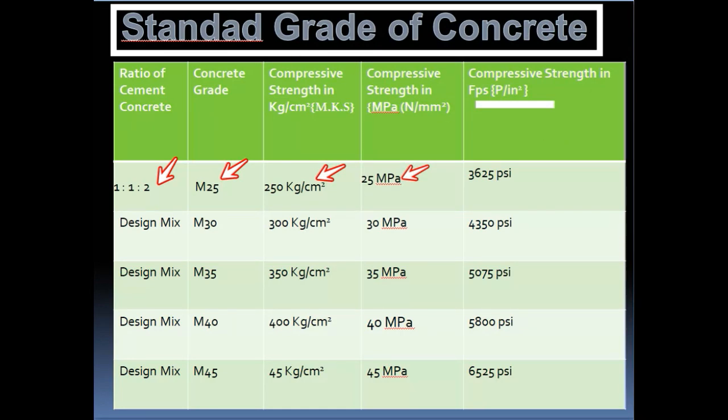Now any other design that we use has to be a design mix. Like over here, all of these have to be design mix, and according to that we get the required strength, that is M30, M35, M40, and M45, in MKS, then Newton per mm square or SI units, and the FPS strength given over here.